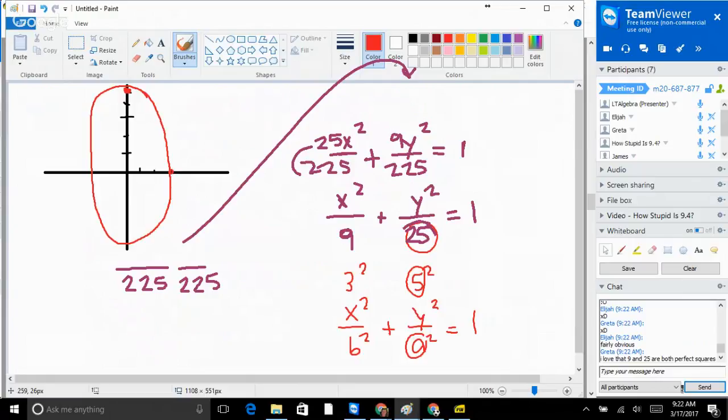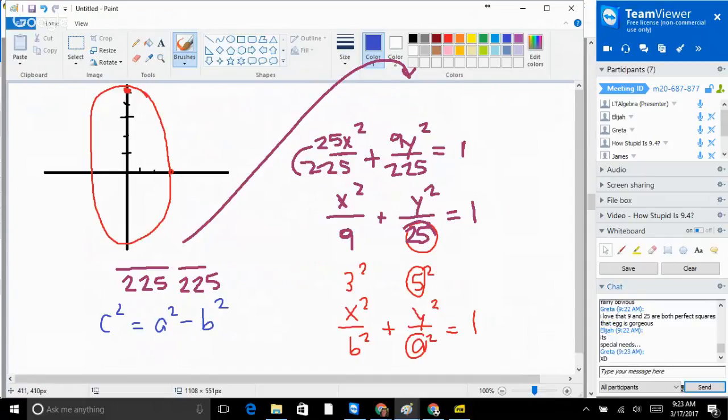That makes life easier. Okay, so the last part is, where are my focus points? This one is the least obvious, right? The focus point is always at c squared equals a squared minus b squared.